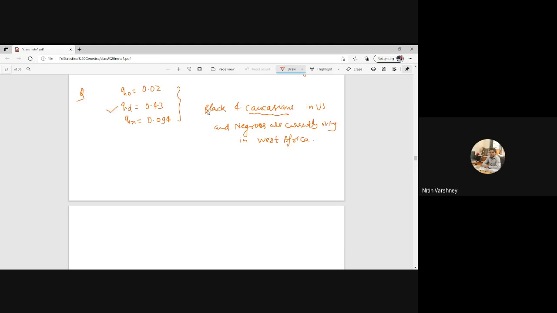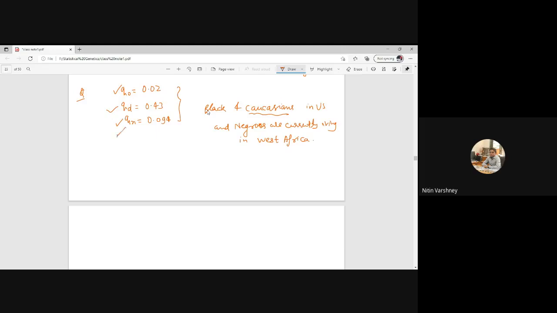After reading the question you can easily find out that this is the initial frequency of the population, this is Qd, meaning after migration, and this is after nth generation.